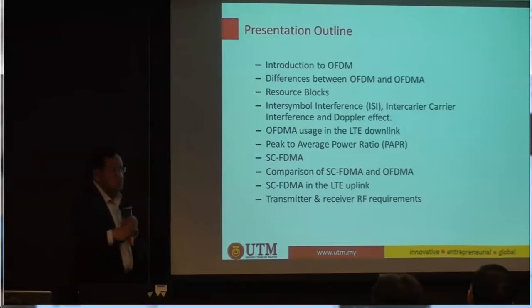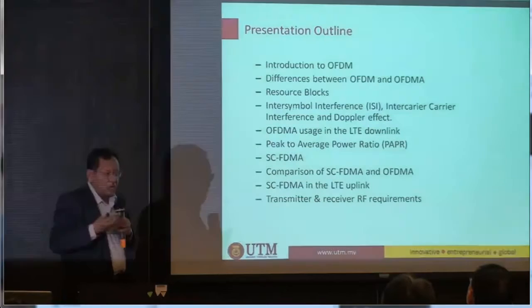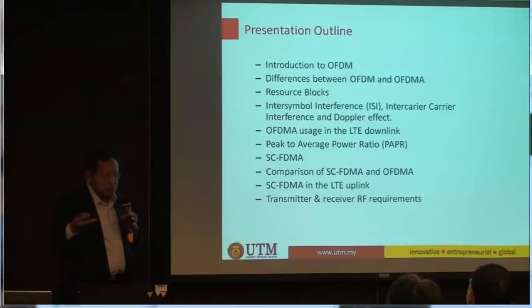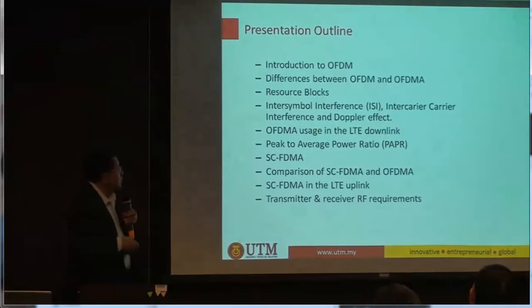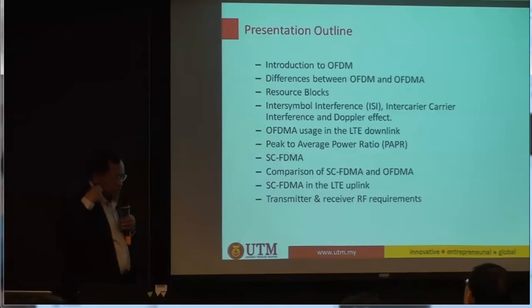OFDM is basically originally from frequency division multiplexing. That means you are multiplexing many users into the channel. I mean the different sub-carriers represented by different users. But when using multi-carrier, it means you have one user but sent from serial to parallel.